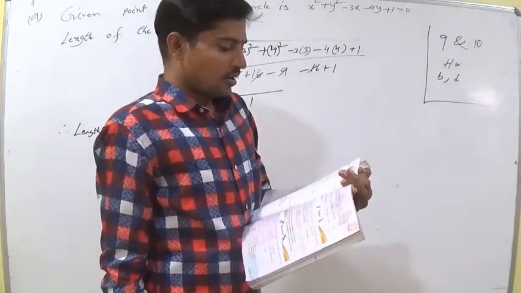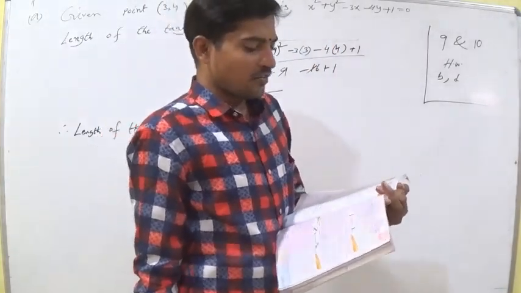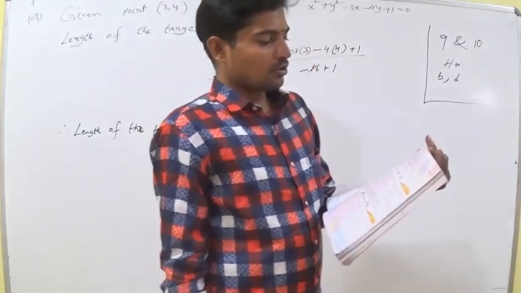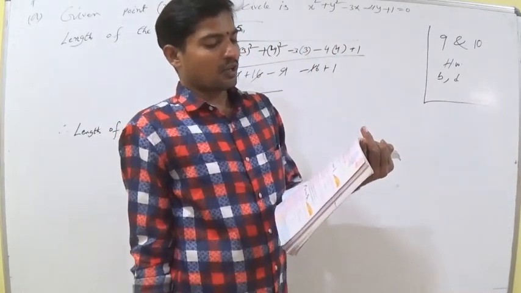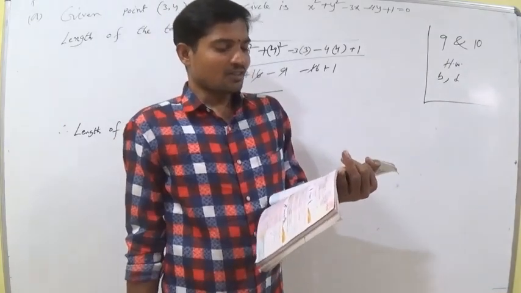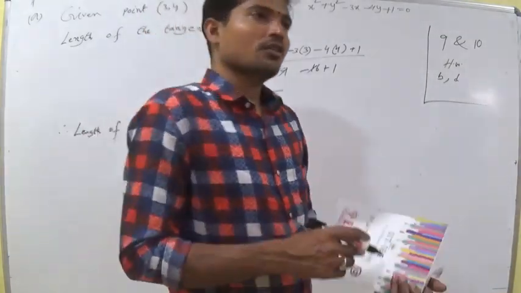Next, see, the length of the tangent from the point to the circle x square plus y square minus 4x plus k equal to 0 is equal to 2, then find the value of k.